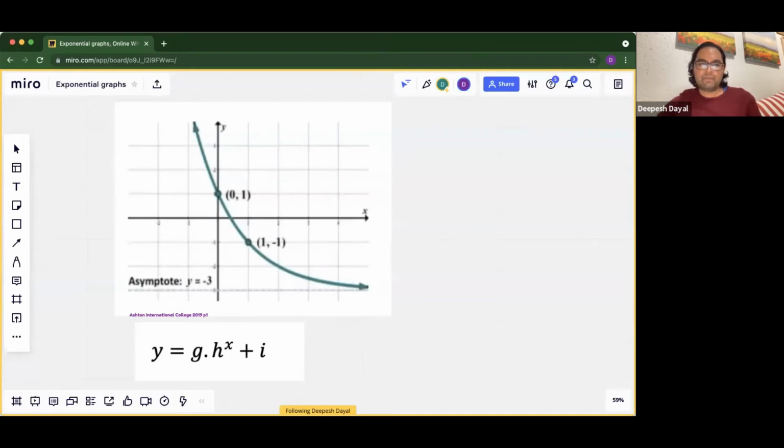What else? Who else has something for me? Let's have a look in the chat. Getting a lot of asymptote, asymptote, asymptote. So asymptote is indeed the right word used to describe I. So let's circle I. And this is the asymptote.